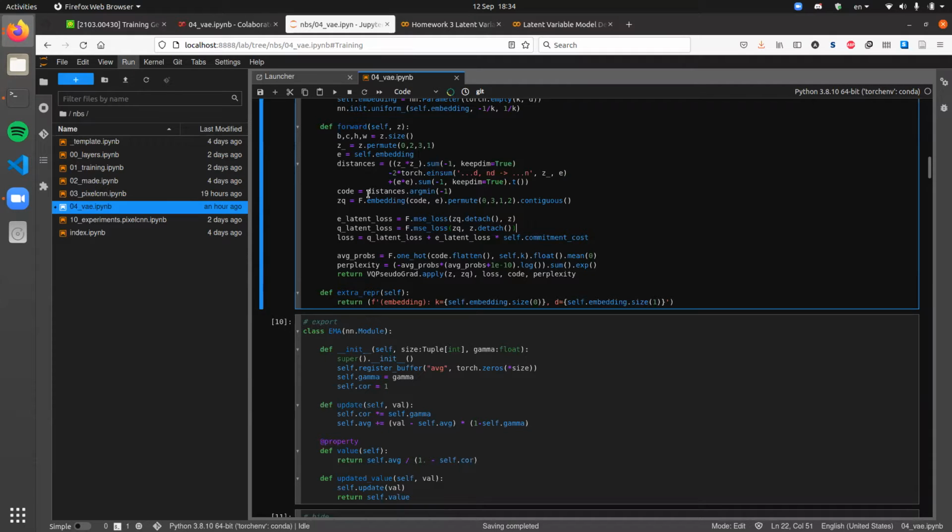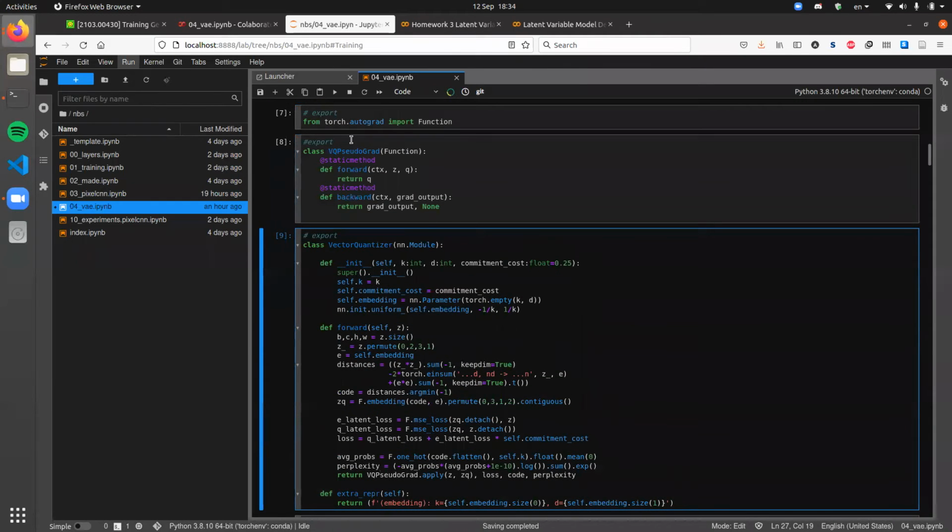Oh, okay, and the final idea here. To implement this straight through gradient approximation, I do it using a custom autograd function, and the function here is very simple.